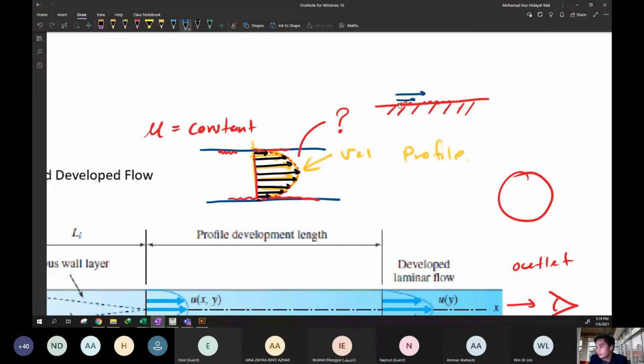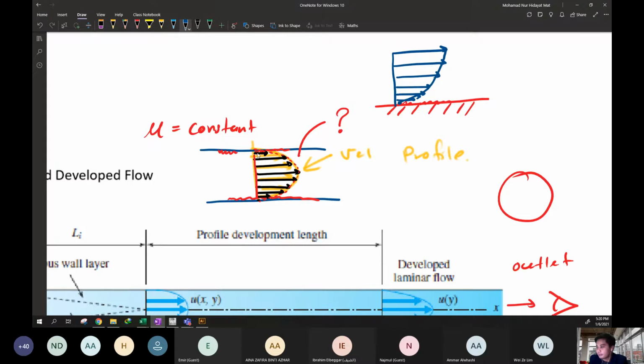The velocity is zero. Zero. Yes. Because the second layer will try to push the third layer from moving. It tries to hold. Okay, this one's moving away. Okay, this is what we call a velocity profile for the parallel pipe.